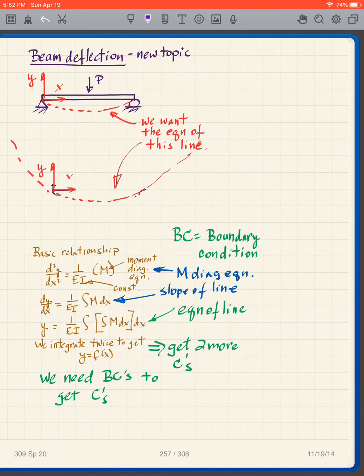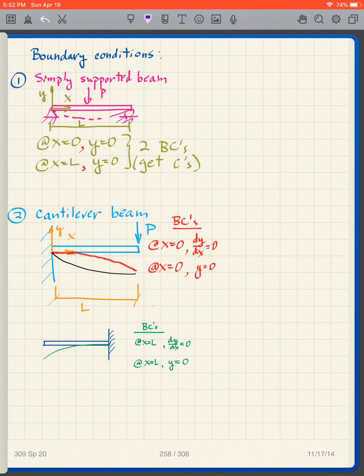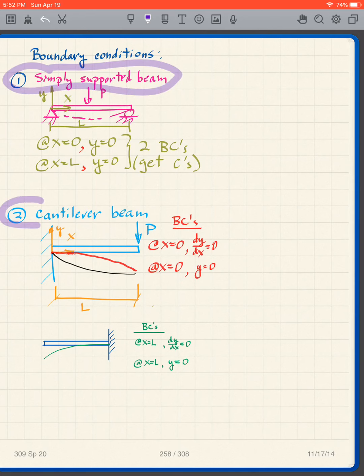So we're going to look at 2 different types of beams, the simply supported beam and the cantilever beam. We want to look at the boundary conditions for both of those situations.